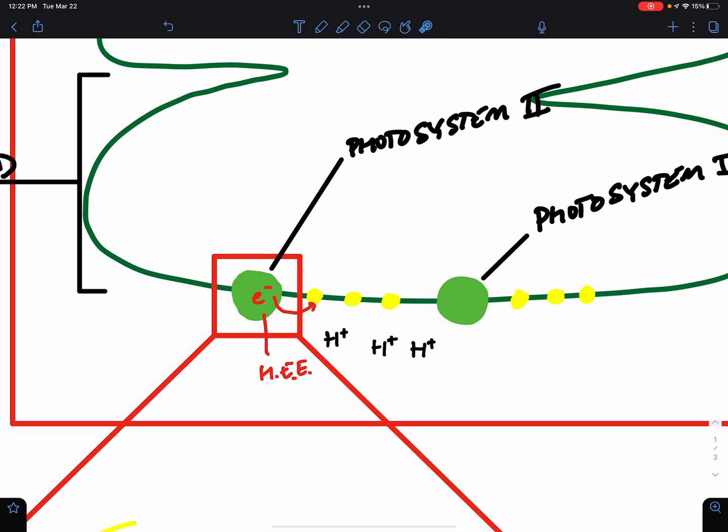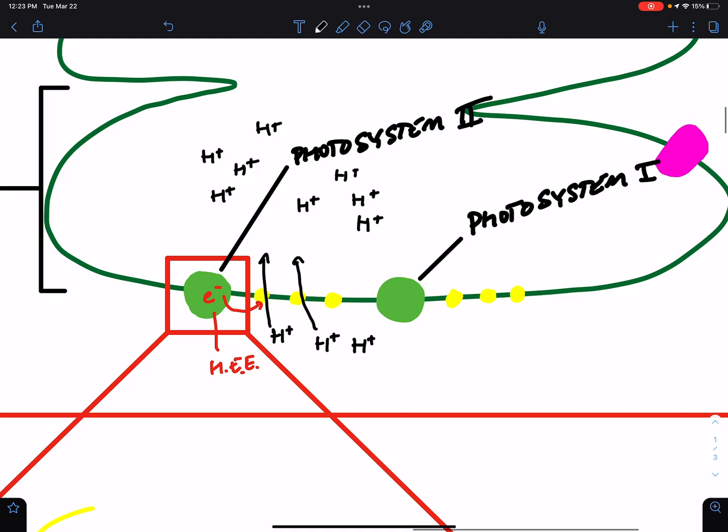These little yellow dots serve as pumps, which take the hydrogen and pump it into the interior of the lumen of the chloroplast, where there's a much higher concentration of hydrogen ions. So it takes energy, this is active transport, to pump the hydrogen across the membrane.